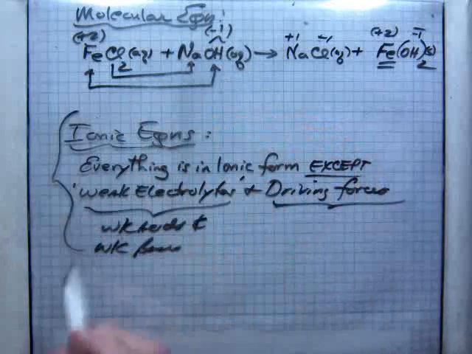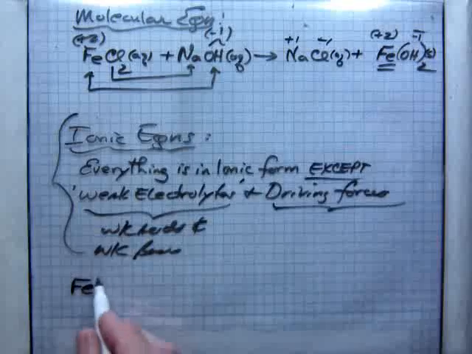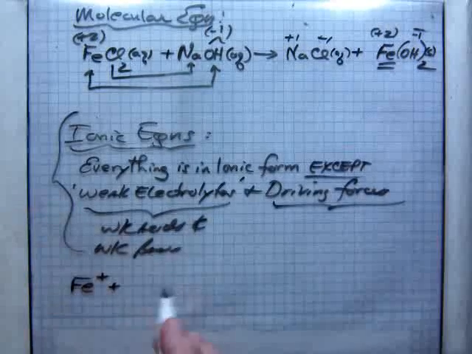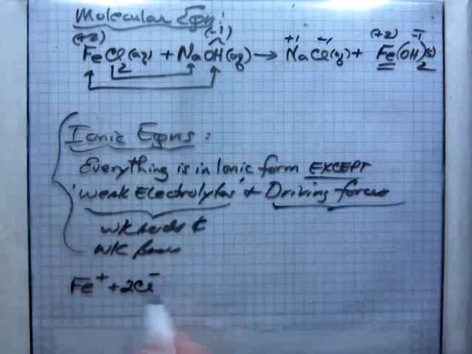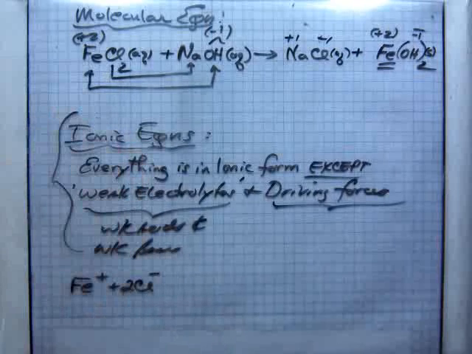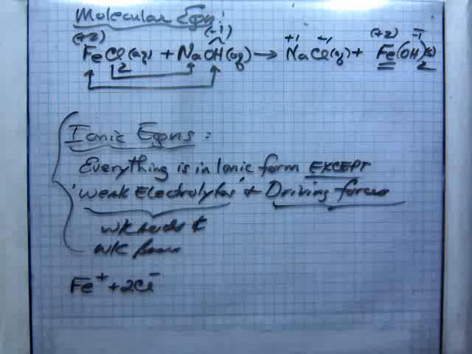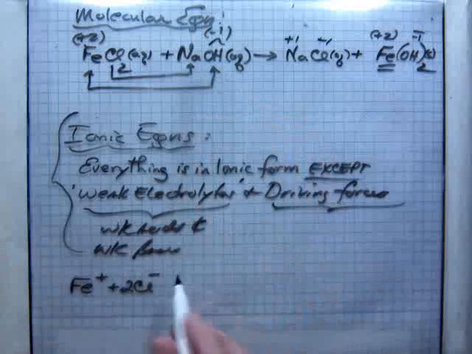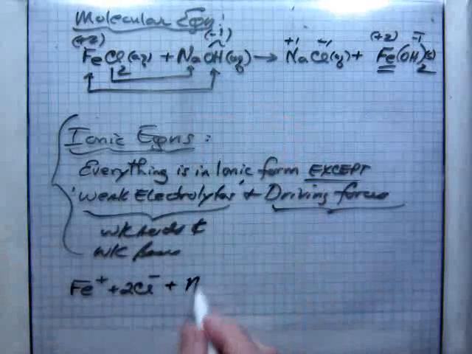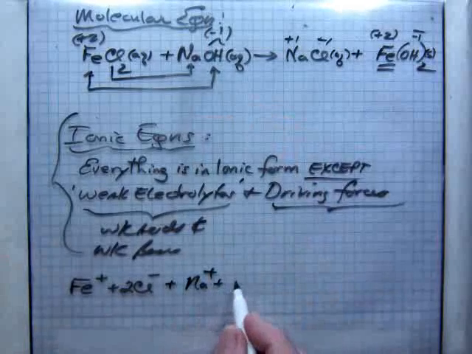But the iron chloride ionizes, and they're all aqueous. See how it has 2 chlorides and 1 iron, so what you do is write it in that format. And then sodium hydroxide breaks up into the sodium ion and the hydroxide ion.